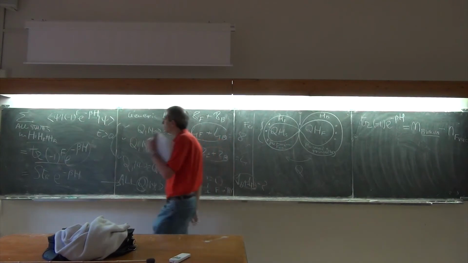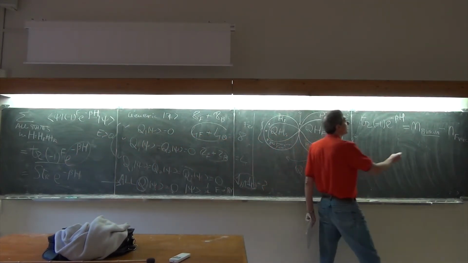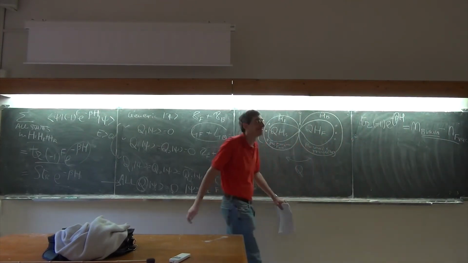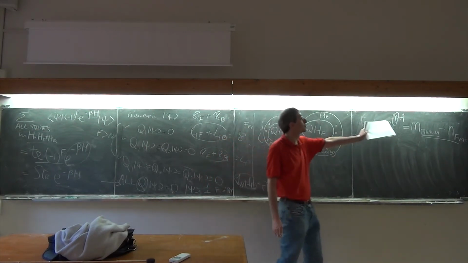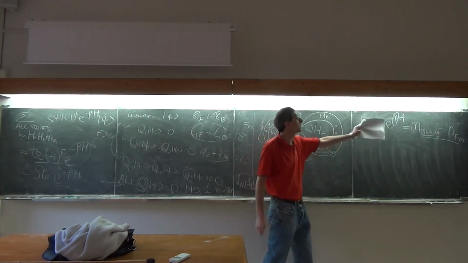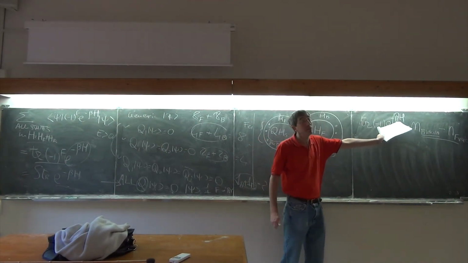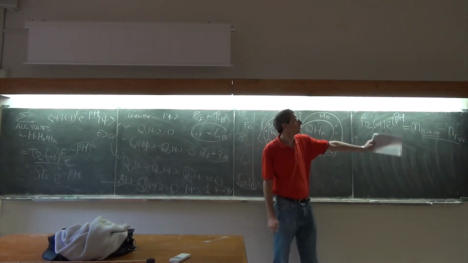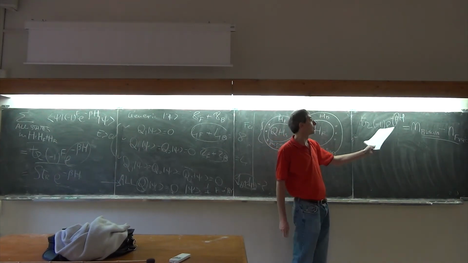So this object here is independent of beta, because the only thing that depends on beta are the contributions from the states that have non-zero energy, but that contribution overall cancels. This is a clever way of arguing that.